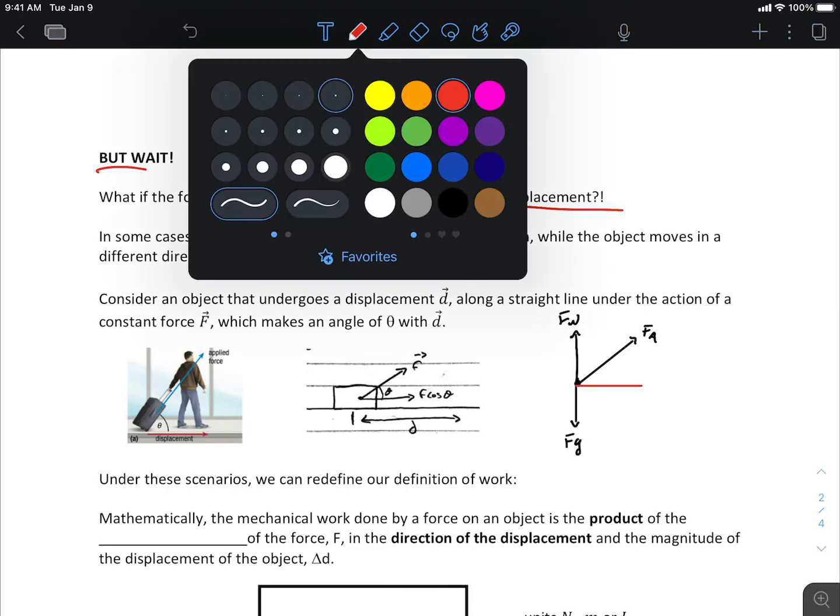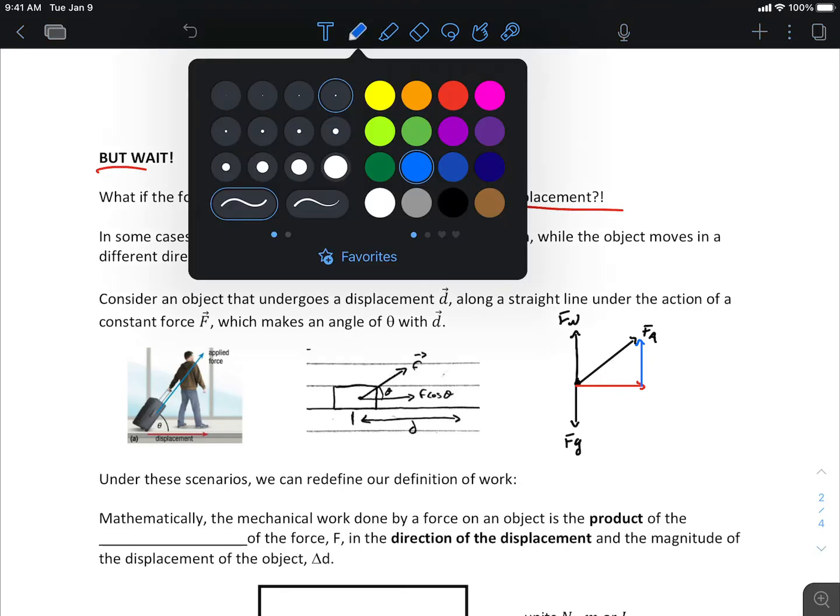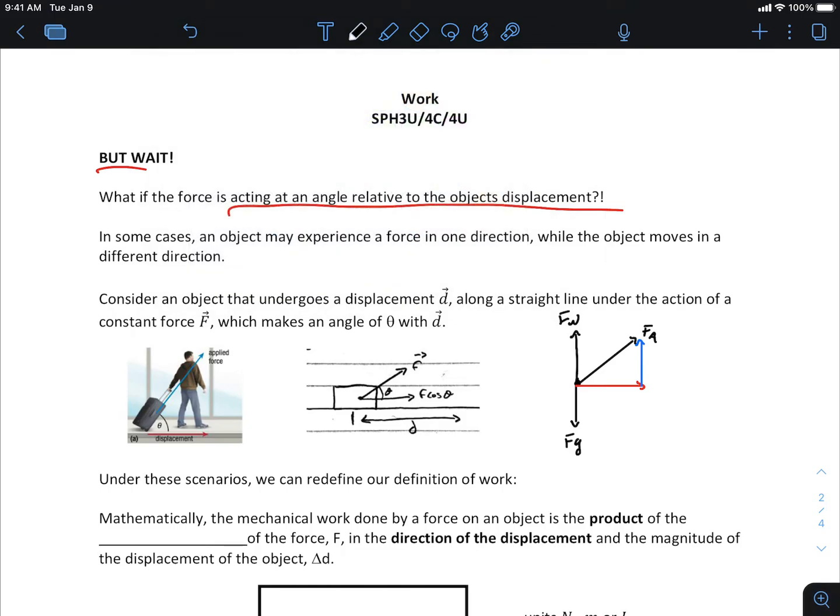And we have a Y component. Here, let's just draw an arrow. We know that the F applied in the X direction is FA cos theta. And we know that the FA in the Y direction is FA sine theta.